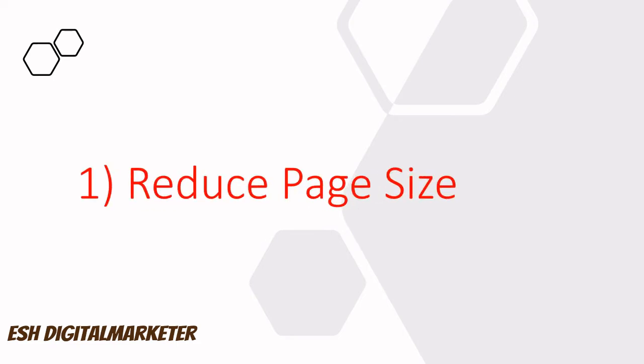The first thing we are going to see in mobile speed optimization is reducing page size. Whenever a browser loads your website, it downloads all the necessary information from the server. If your page size is in MB, then the loading time of the website is going to increase.